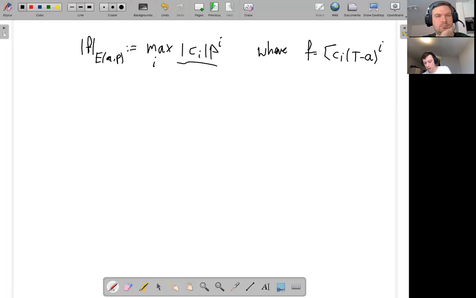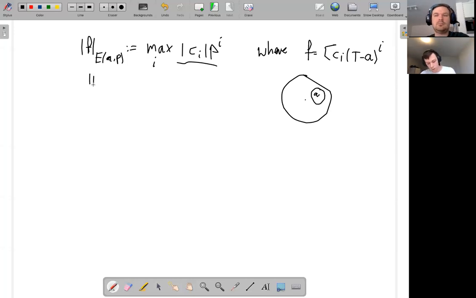Essentially, if the original norm corresponds to taking the maximum value on the whole disk, now you have the subdisk, and this is saying you send f to the maximum value that f attains on this subdisk. This is essentially the idea.